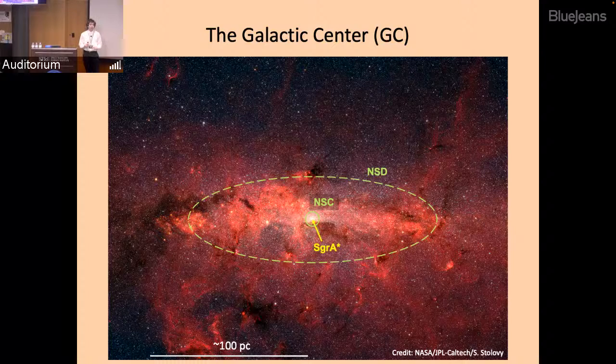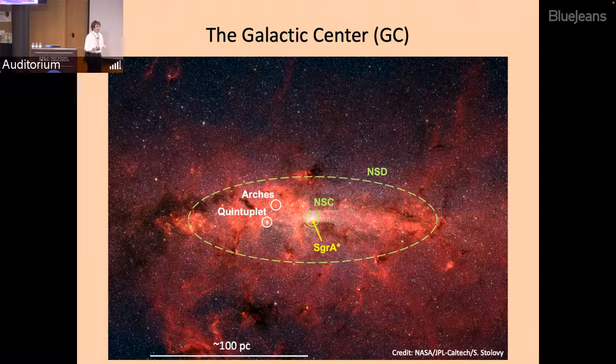And then the nuclear stellar disk, or NSD, which is a more extended structure of about 1 billion solar masses that's elongated along the galactic plane and reaches to a radius of about 100 parsecs or so. Now, both of these populations are old star populations with ages of about 5 to 10 billion years old. But there's more than just old stars at the galactic center.